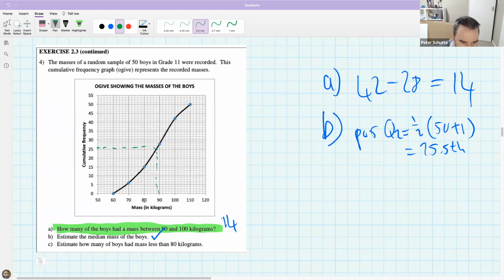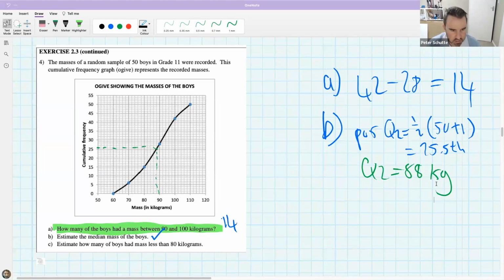Oh, what have I got? About 88, 89 is what I'm getting. So let's go with 88 kilograms as the median.